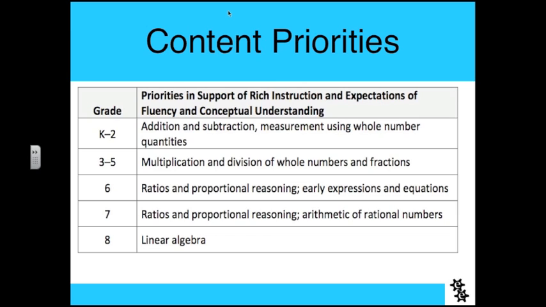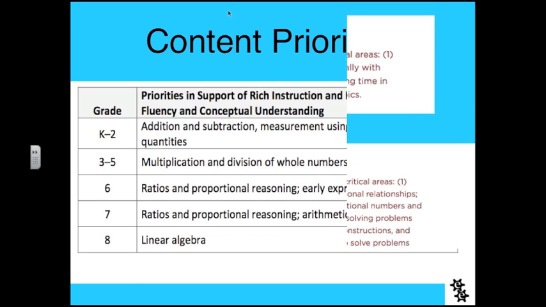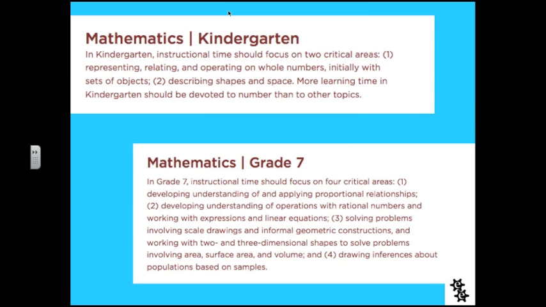Not only are they laid out here, but they are specifically mentioned in the introduction to each grade level. Here is an example of what it says about kindergarten, and a grade 7 example. You see that it specifically names the priorities for each grade level, and there is no guesswork for teachers when it comes to what should be the focus at each grade.